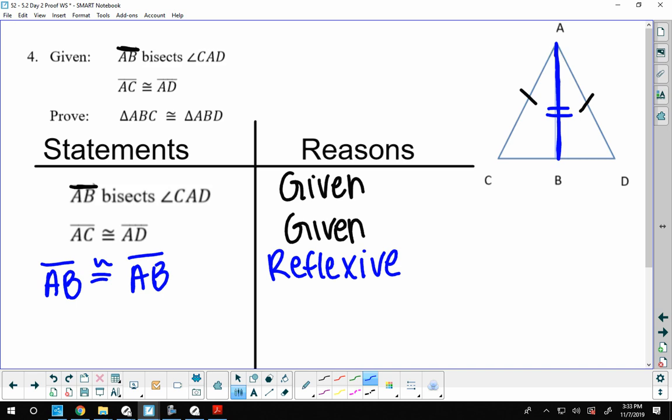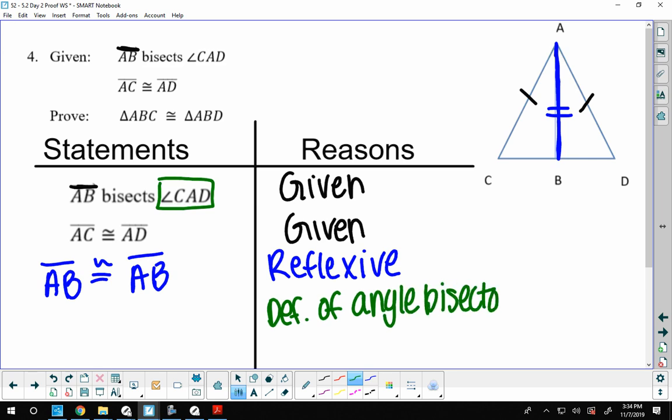So if you look back up to the first given, AB bisects angle CAD. So that is an angle bisector because the angle is what's getting cut in half. The segment AB is doing the bisecting, but the angle is what's actually getting cut in half. So we're going to have some piece of information by the definition of angle bisector because our first given is an angle bisector. It cuts angle CAD in half. So we know that this half is congruent to this half.